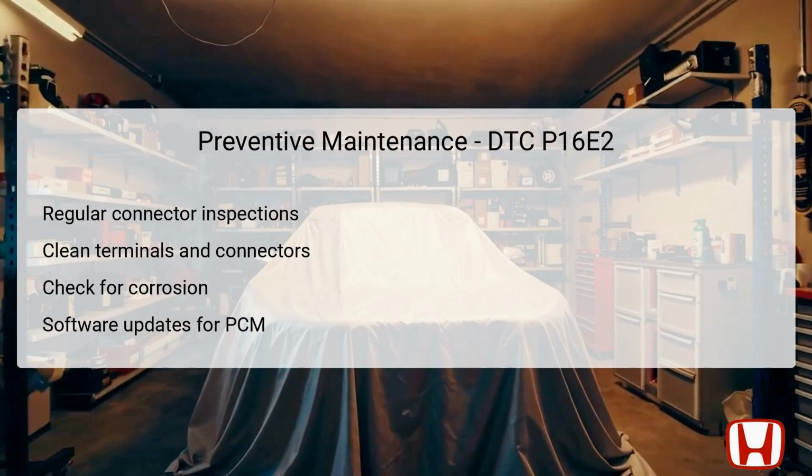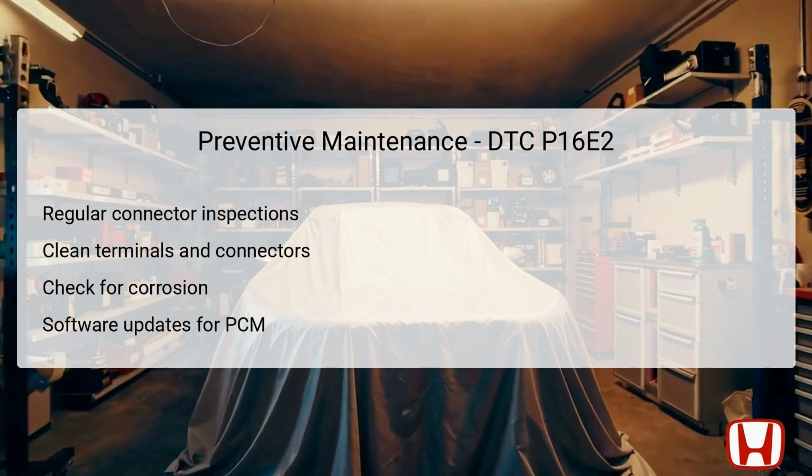It's also essential to keep the software for the powertrain control module, PCM, updated, as manufacturers often release updates that address communication issues and improve system performance. Maintaining these components will enhance the vehicle's overall reliability and ensure smoother functioning of the communication system, ultimately preventing future DTC occurrences.